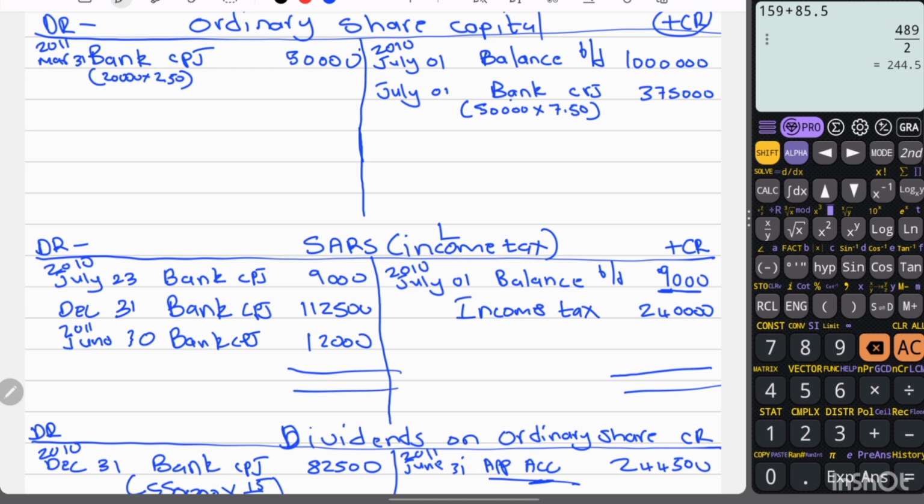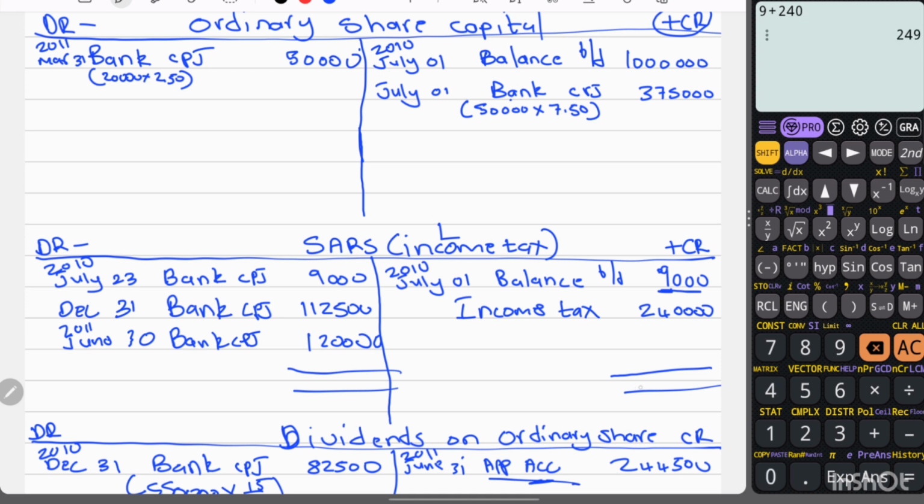Let's check which one is bigger between the credit and the debit now. When I'm checking here, it's going to be 9,000 plus 112,500 plus 120,000. I'm sorry, here I made a mistake. It's 120. Then it's 241. Let me check my credit side. It's 249.